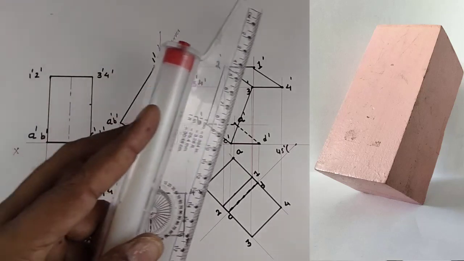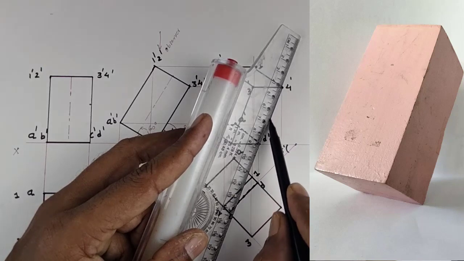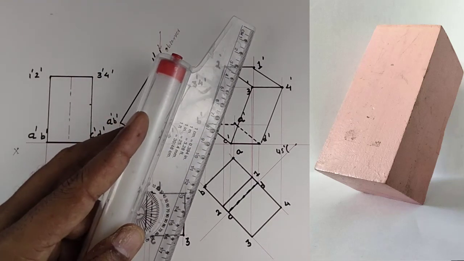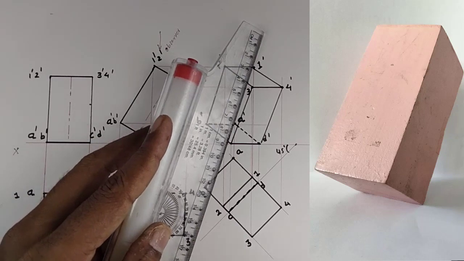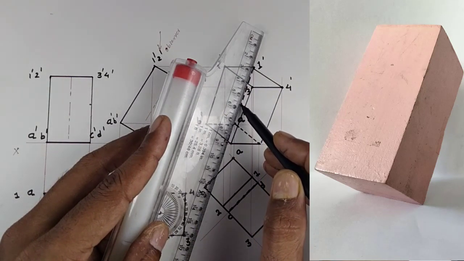Then D4 is also visible, so I join D dash 4 dash with a dark line. But your A dash 1 dash, this rectangular vertical edge, is not visible, so we draw the dotted line.